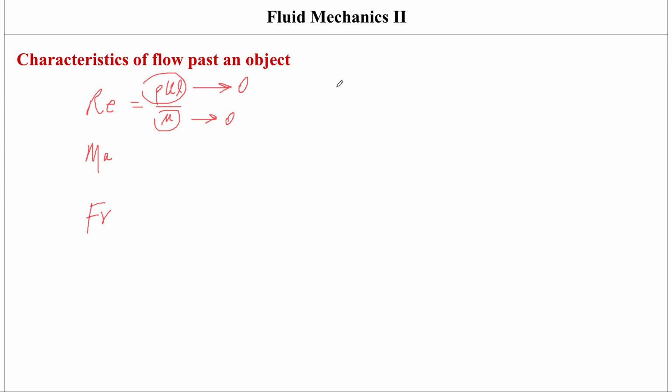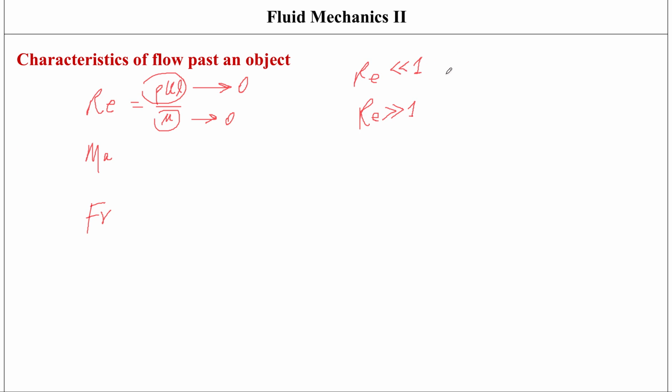So then the nature of the flow past any body is going to depend strongly on whether the Reynolds number is really, really small, or the Reynolds number is much, much larger, right? So in that case, obviously, you could say that you're approaching negligible inertial effects or negligible viscous effects.